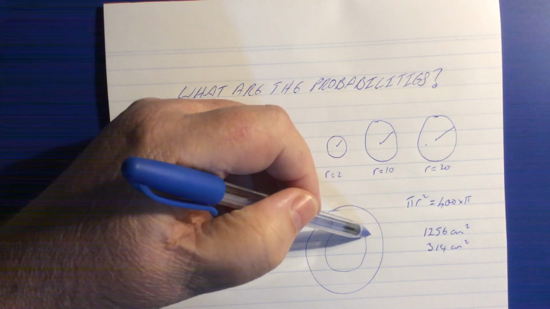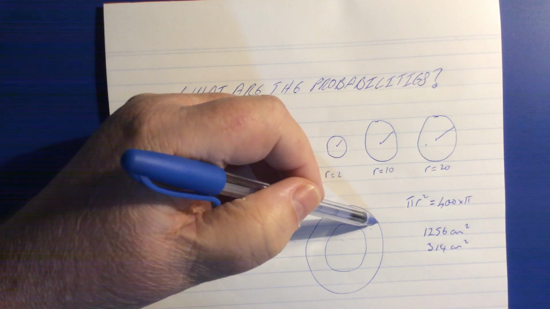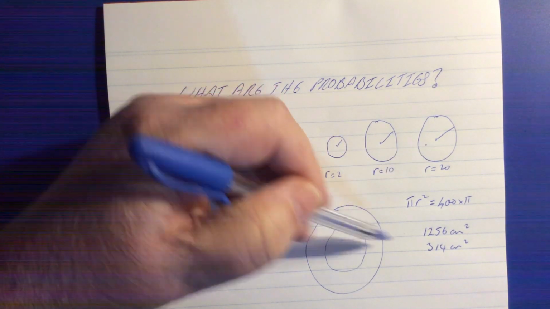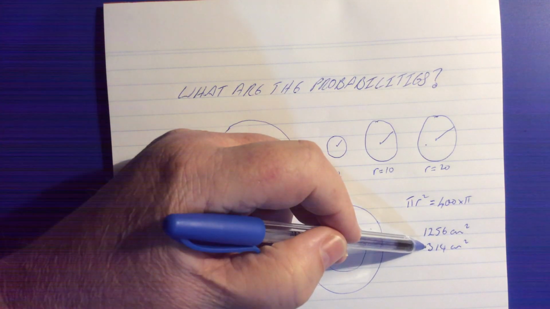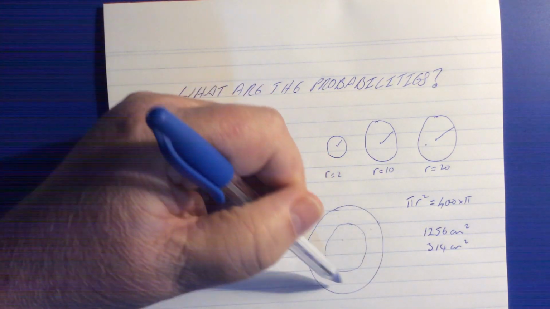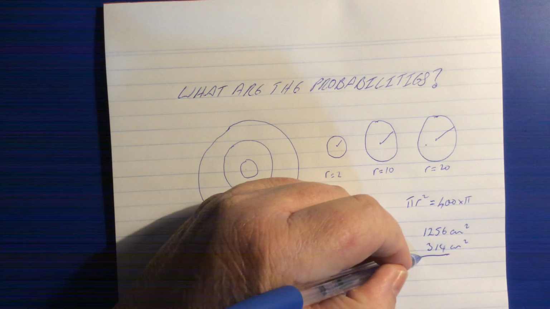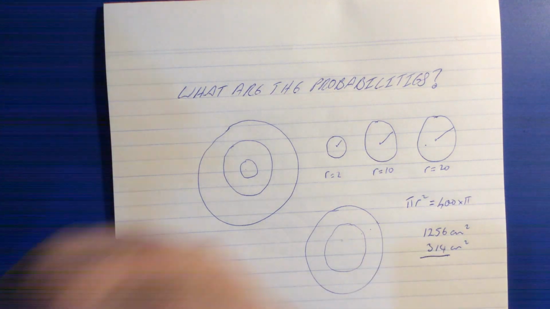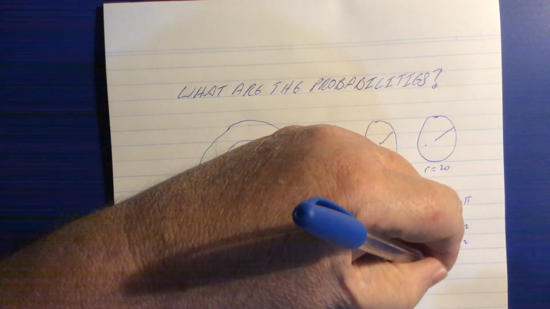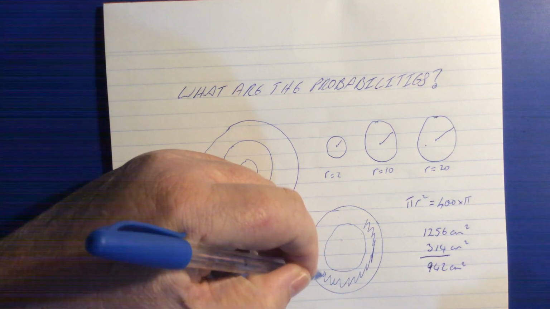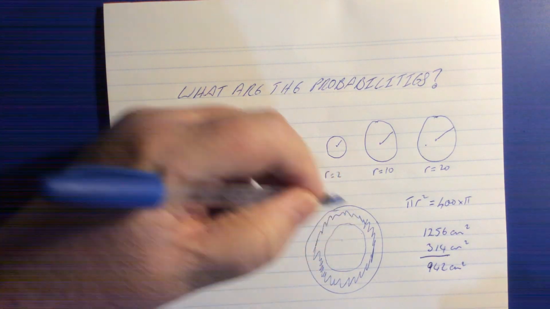Now, the probability of hitting the area between the outside of the dartboard and this first circle is the difference between these two out of the total area of the board. So what is the difference between these two? That is 942 centimeters squared. Now that is this area here. That is 942 centimeters squared.